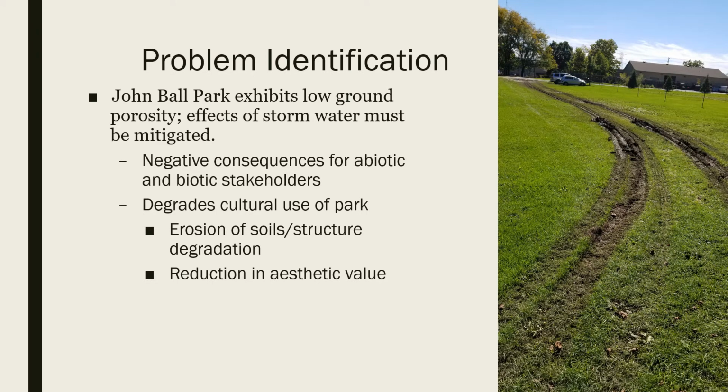So the problem, as we have identified it at the John Ball Park site, is that John Ball Park exhibits low ground porosity, and the effects of stormwater must be mitigated.